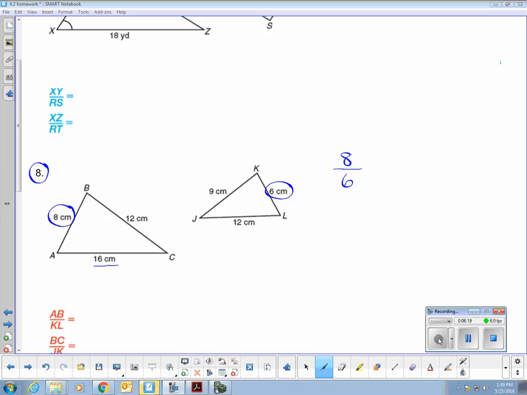The largest, or the longest side in triangle ABC is 16, which corresponds with the longest side, 12, which leaves 12 corresponding to 9.